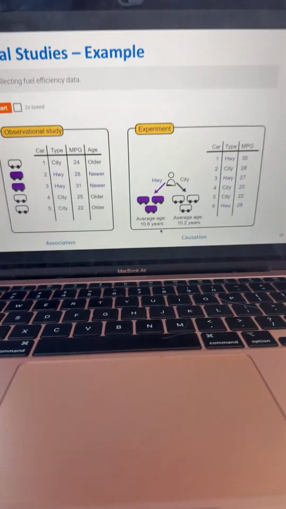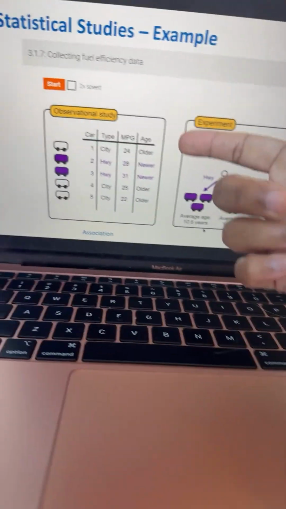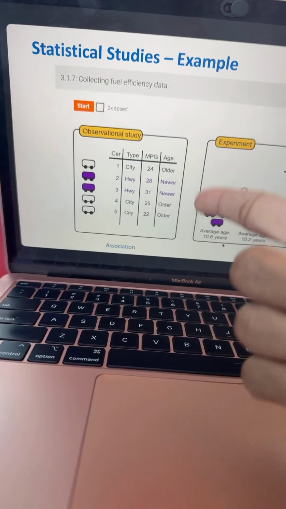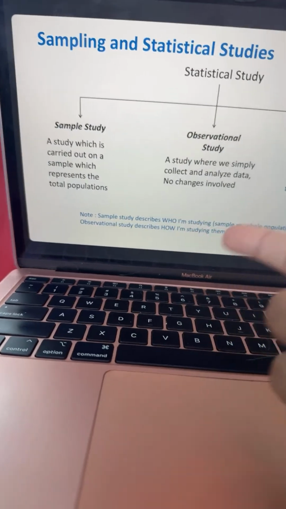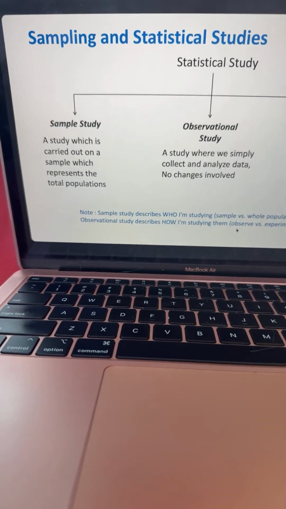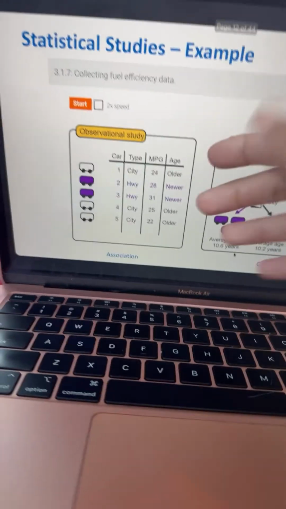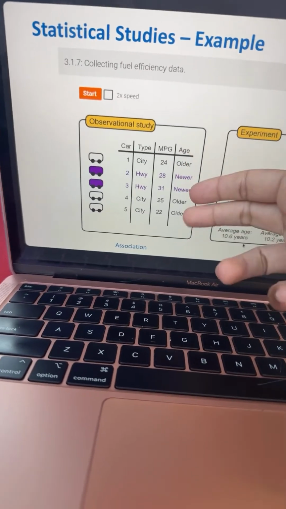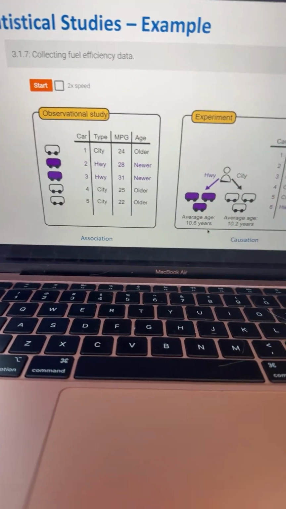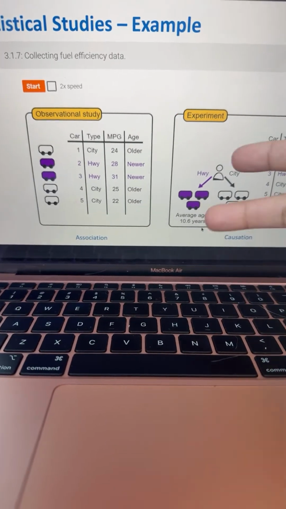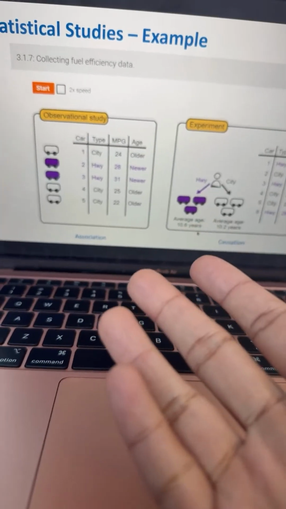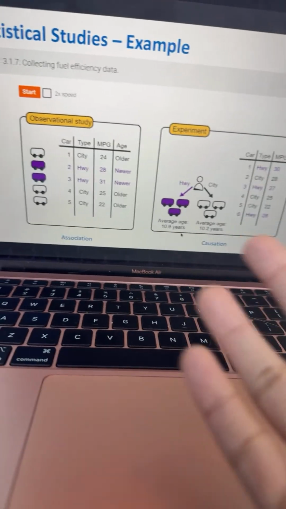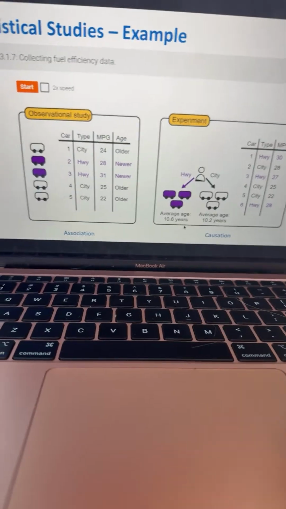Statistical studies. So we have the observational study here. This is how we're studying, right? Remember, observational study is how I'm studying them. Observe versus experiment. So these are how, and then the experiment, well, it didn't say for the experiment, it just said who and how, sampling versus observational, but not experiment.